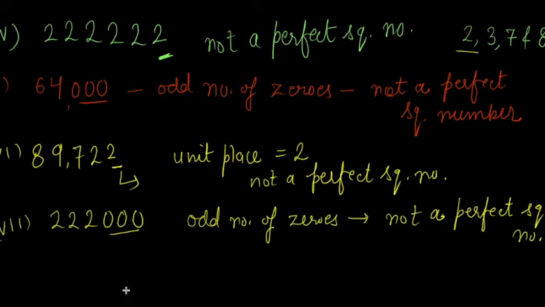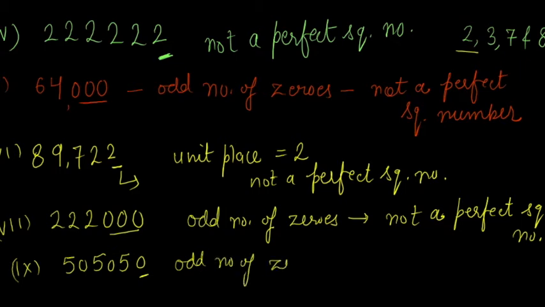Right? So next, the ninth part is this number. And again you see how many zeros are there at the unit place? 1, which is again an odd number of zeros. So with an odd number of zeros, this is also not a perfect square number.